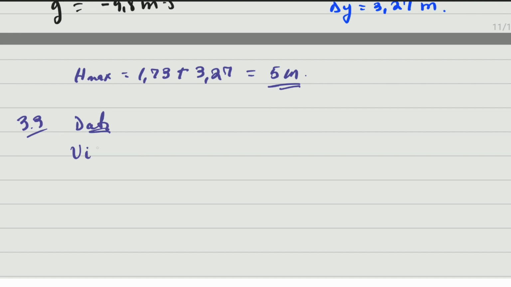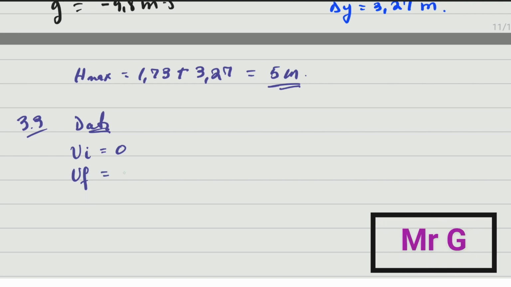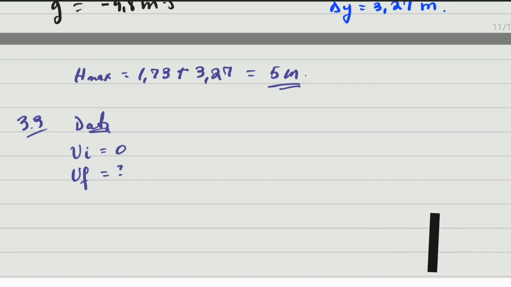The initial velocity now is going to be equal to 0. That is the moment the ball drops or falls from the gutter. Okay, we have to look for the final velocity, which is at his hand. Final velocity, which is at his hand, that is going to be the question mark.